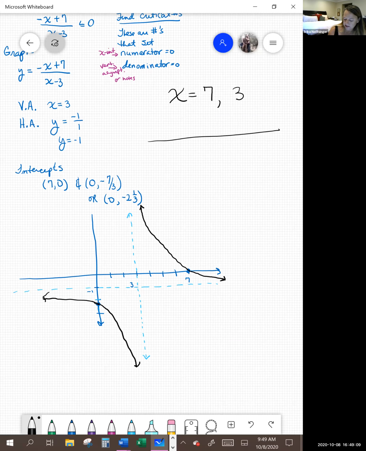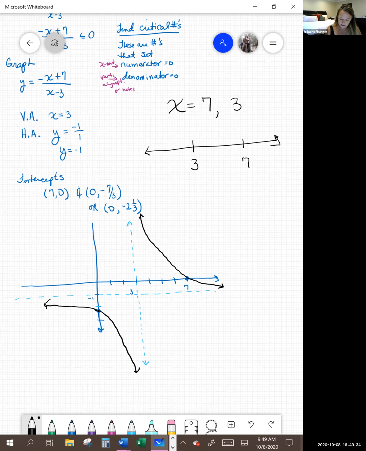So if you were doing this without graphing the whole function, you would find those critical numbers, place them on a number line, that's how I do it. And then we want to test a number on each side, just one, of our critical numbers to see if it's positive or negative. Does this inequality hold true or not?